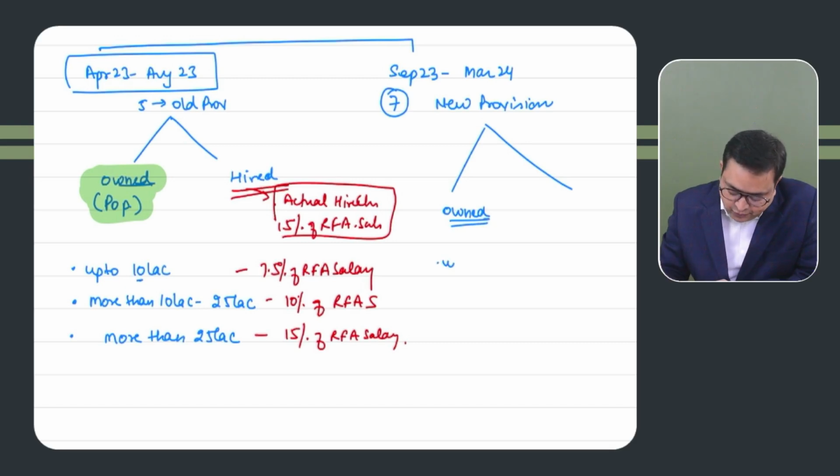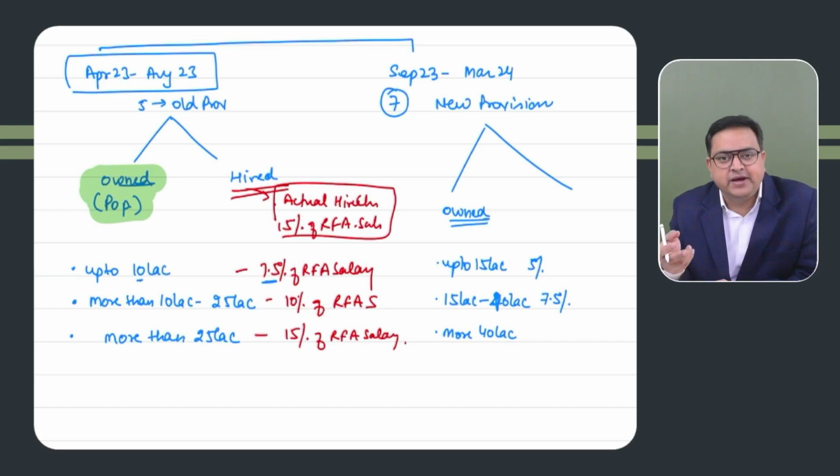So if it is up to 15 lakh, then 7.5% is reduced to 5% of RFA salary. If it is more than 15 lakh up to 40 lakh, then it is 7.5%. And if the population of the city where the accommodation is provided is more than 40 lakh, then you have to take 10%.